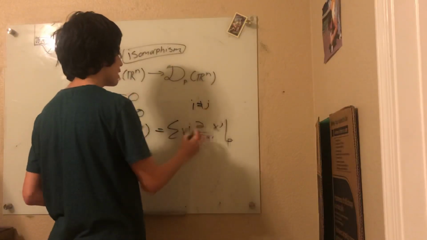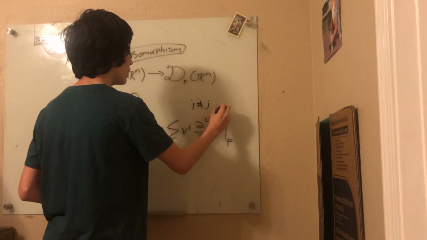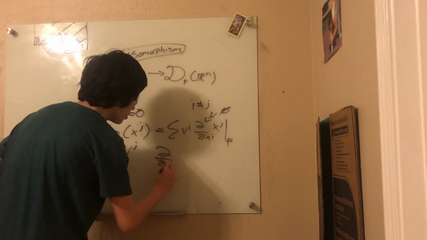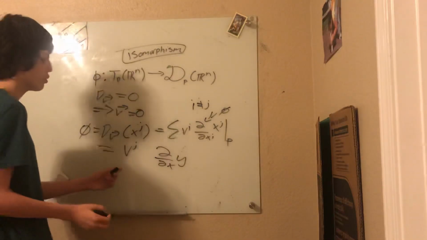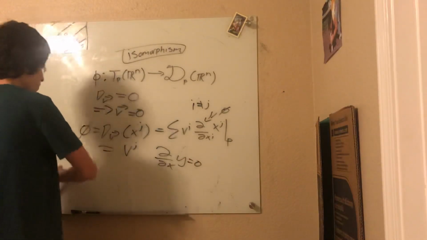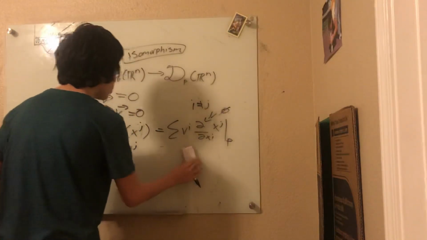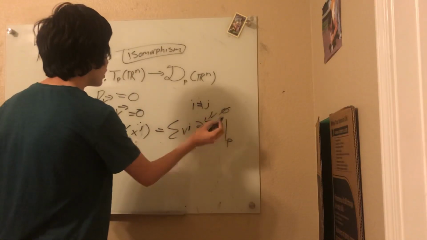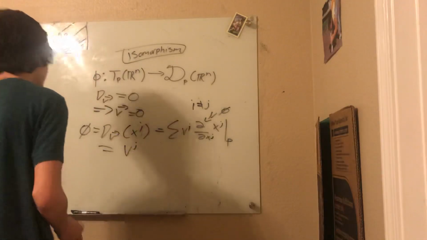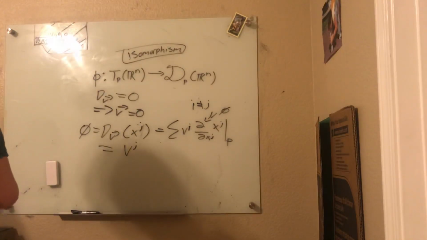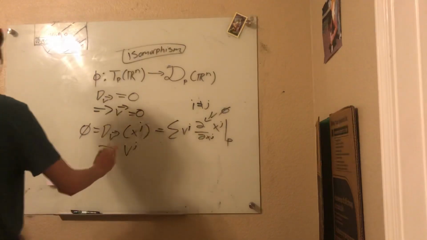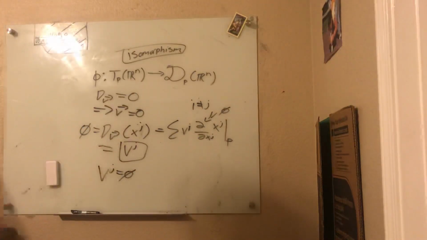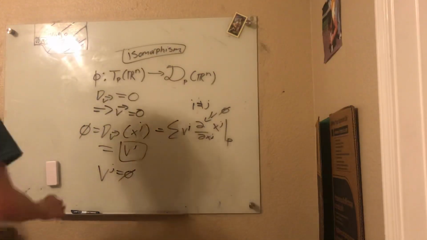If i is not equal to j, this is just going to be equal to 0, because any partial derivative of x^j with respect to x^i is 0. Everything will be 0 except when i is j, where it will be 1. So this must be equal to v^j, so this implies that v^j is equal to 0. And we've proved that this is injective, right?